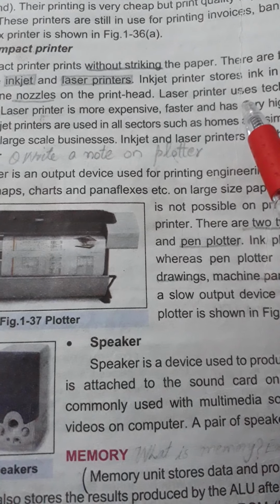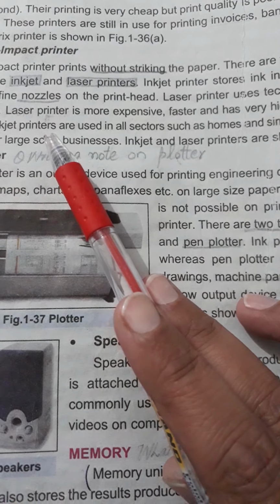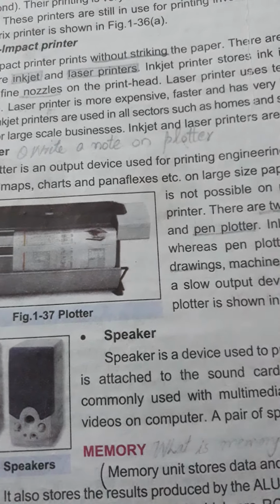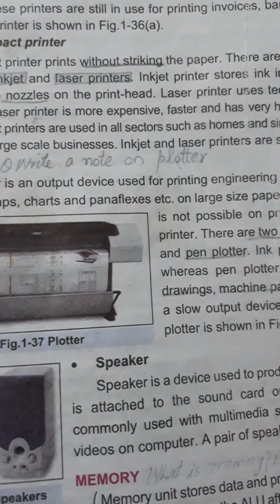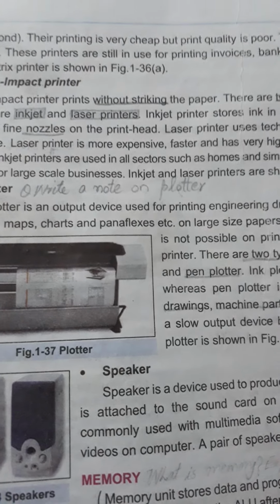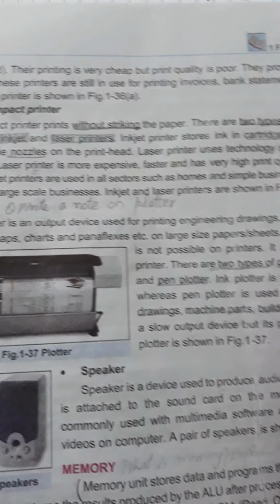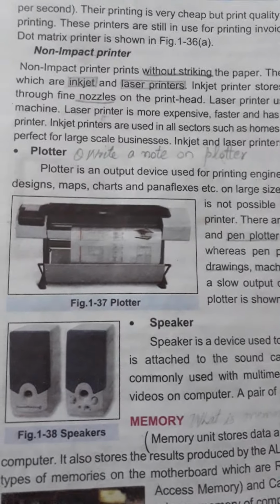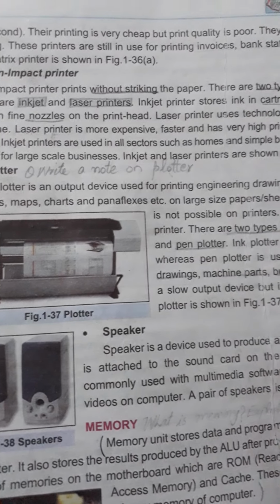Laser printer uses technology similar to photocopying machine. Laser printer is expensive, faster and a high quality printer as compared to inkjet printer. Inkjet printers are used in all sectors such as homes and simple businesses. Laser printers are perfect for large scale businesses.